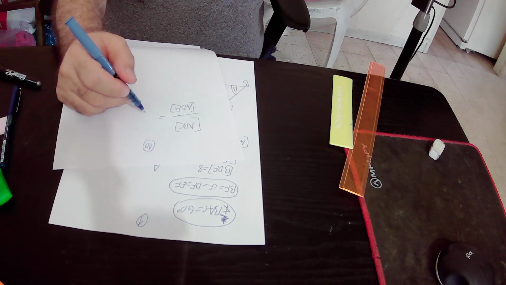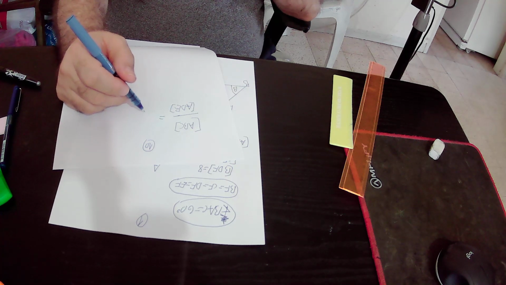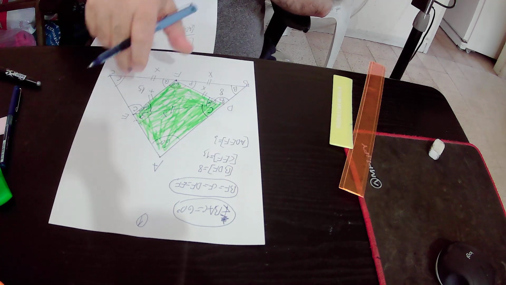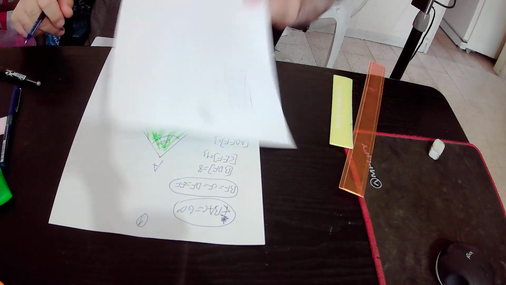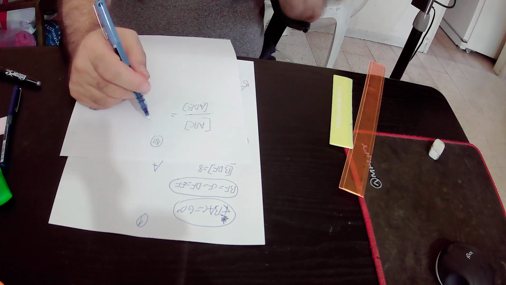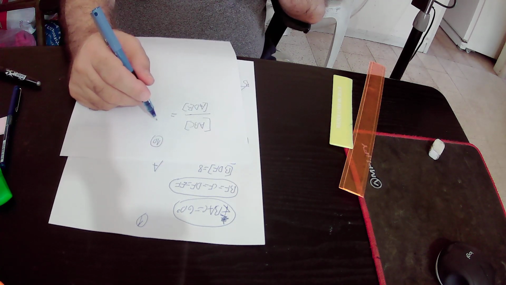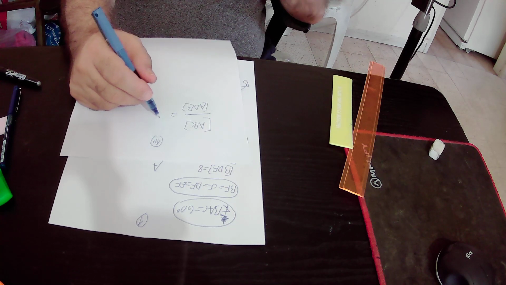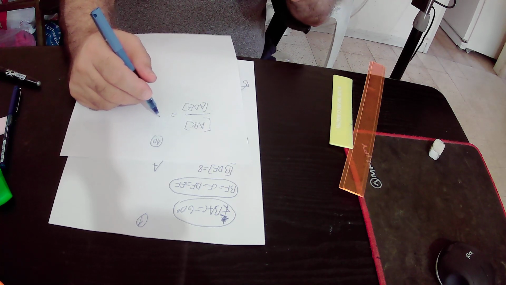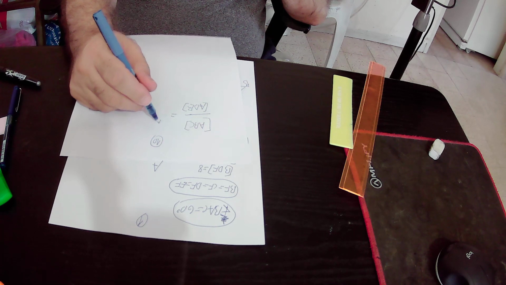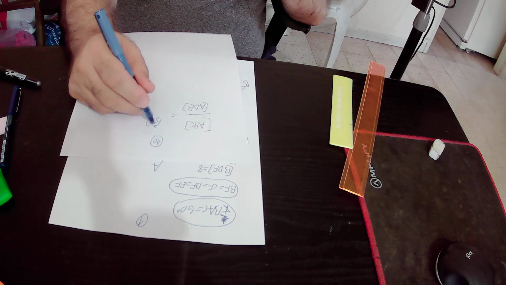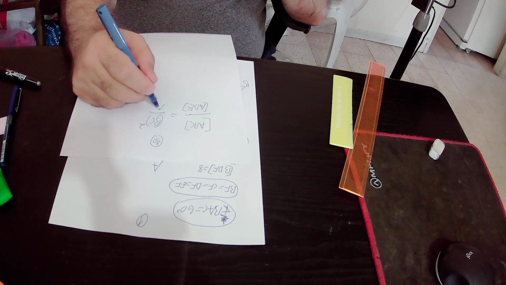The corresponding sides are BC and DE, so the square ratio is BC square over DE square.